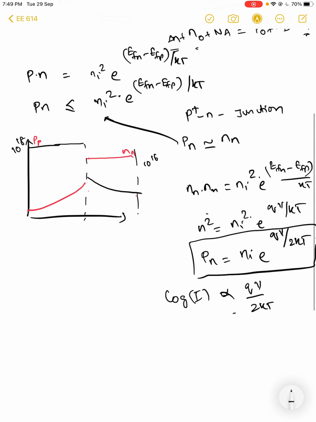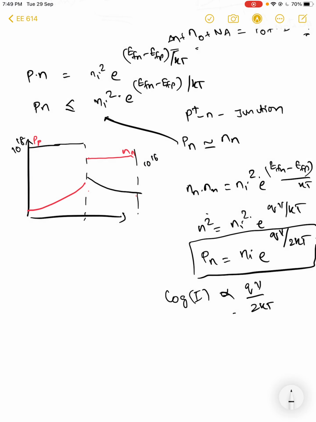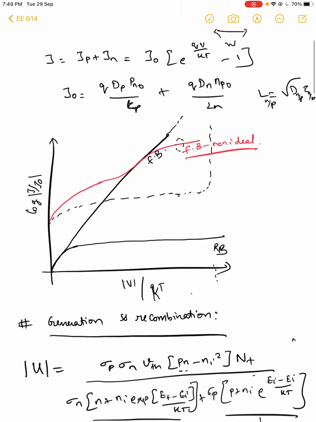And this can be contrasted against the non-ideal characteristics, where you can see that at high bias potentials, the current does not follow the ideal diode equation, but has a smaller slope than the ideal diode. It is this which uses a slope of QV by 2 kT, right?